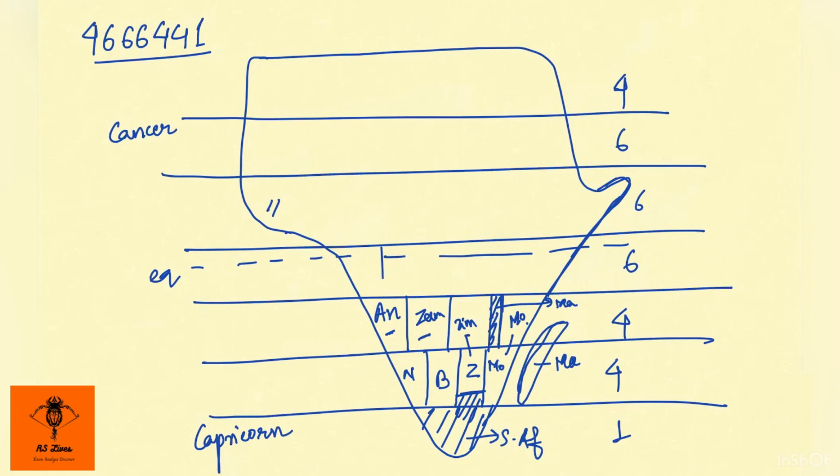Now 6 divisions, 1 2 3 4 5 6. Now remember through which countries the equator passes. Here we have Gabon, Congo, Democratic Republic of Congo, Uganda, Kenya and Somalia.